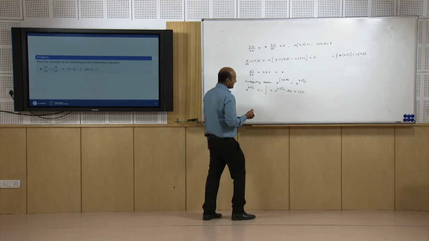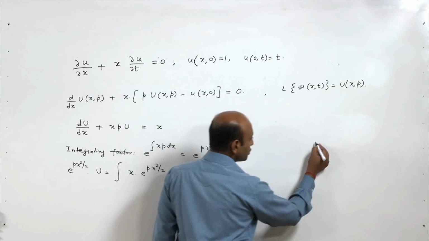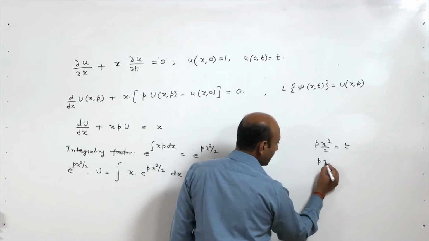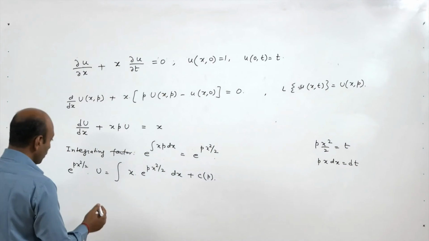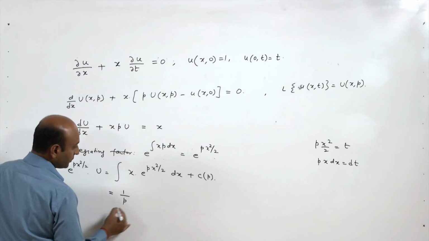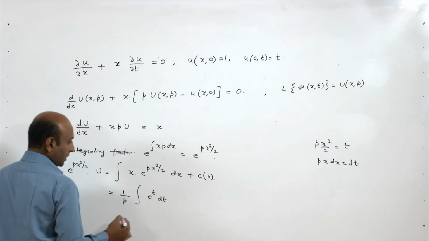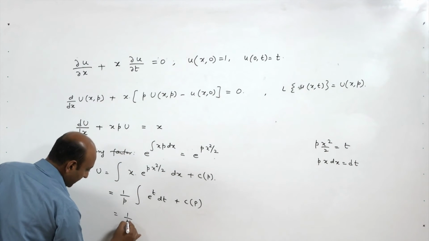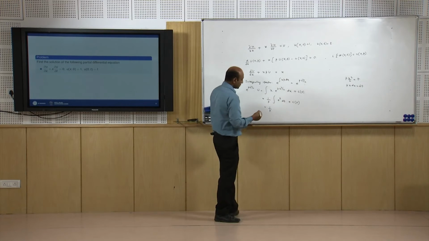Now, how will we integrate this? We can take p x squared by 2 as t. So, p x dx will be nothing but dt. So, this is equal to 1 by p integral e to the power t dt plus C(p), and it is 1 by p times the integral of e to the power t, which is e to the power t itself, and t is nothing but p x squared by 2.